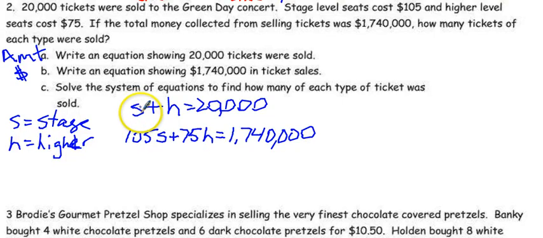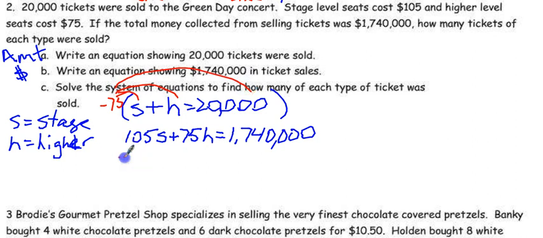So I can change both of these to 105s, or I can change both of these to 75. I'm going to do the 75 since it's a smaller number. I'm going to multiply this whole thing by negative 75, so I have a positive and a negative. Okay? And again, I got to do everything, right?